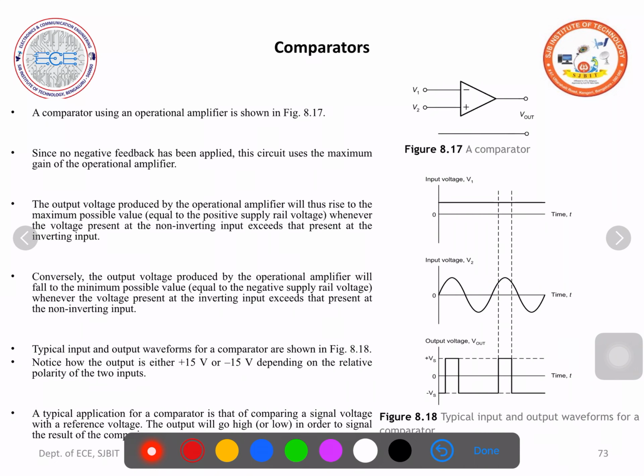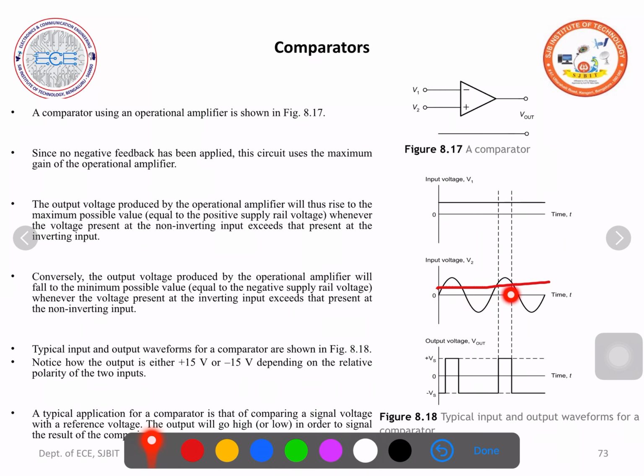Now you can see this area: the input voltage applied at V2 is greater than the voltage applied at V1.